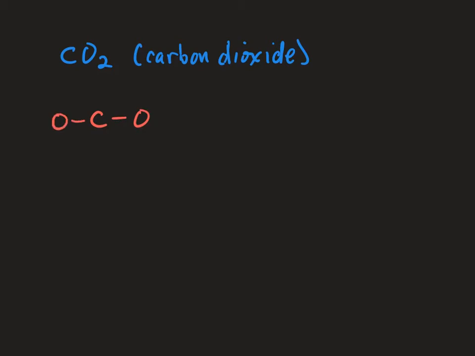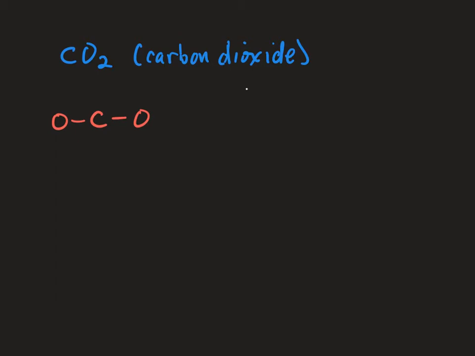Our next molecule is CO2, the carbon dioxide molecule. So again, oxygen is more electronegative than carbon. That's going to put the carbon in the center, the oxygens off to the side.